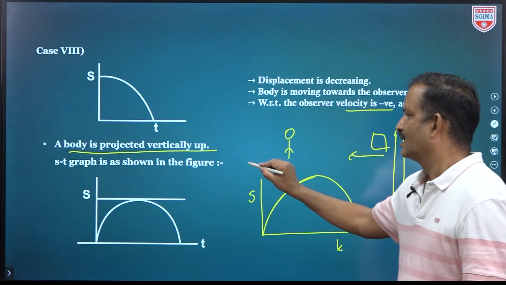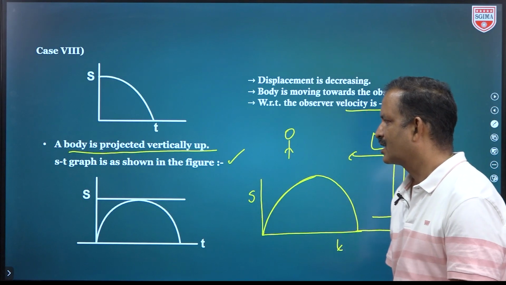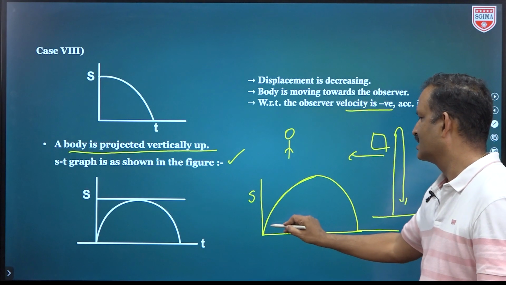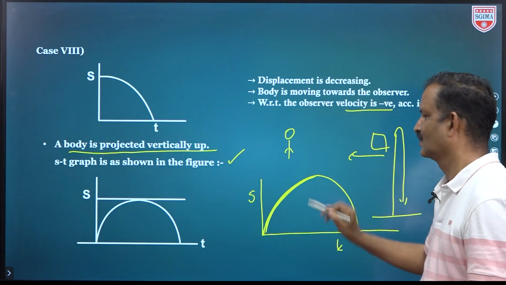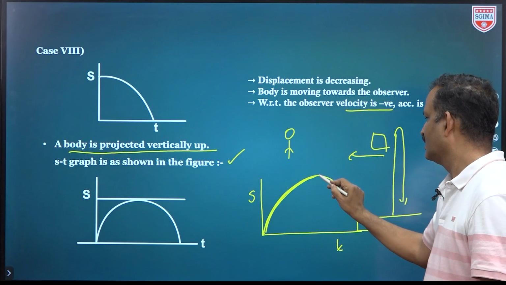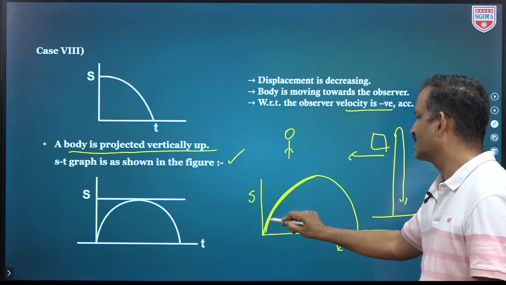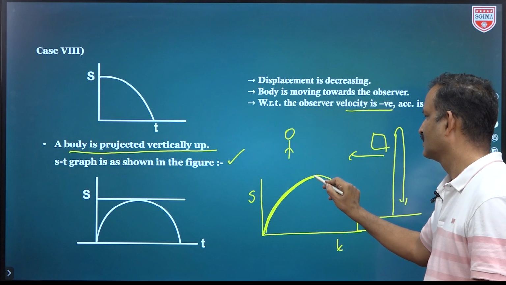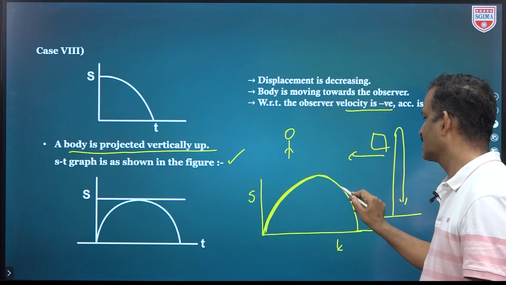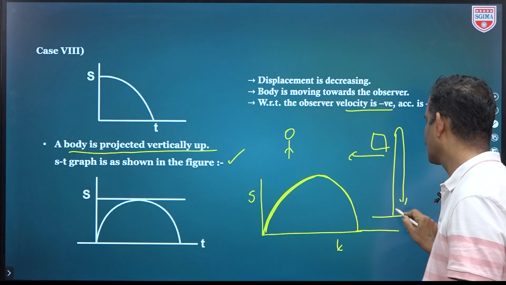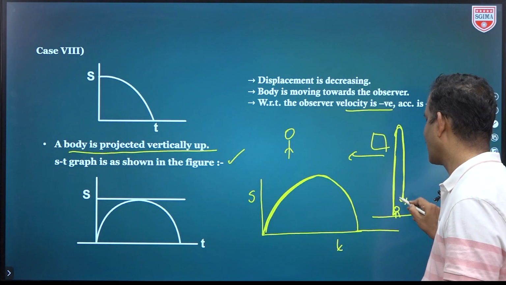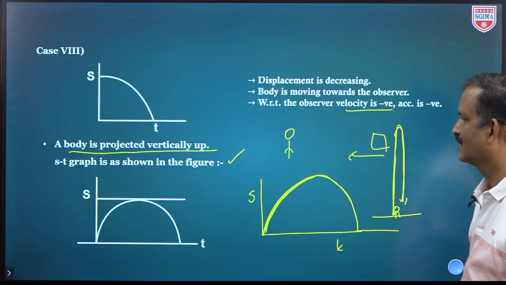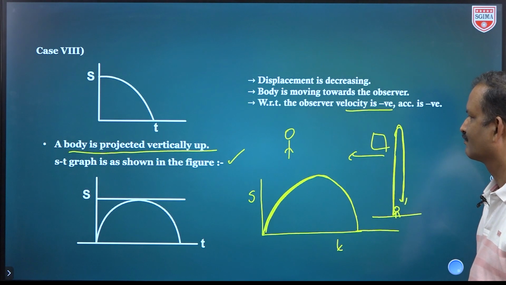So in this graph, when the body is projected vertically up, first there is retardation. Here velocity is positive. Here displacement decreasing means velocity is negative, towards the point of observation. So it goes upward, then returns back. Velocity is negative.